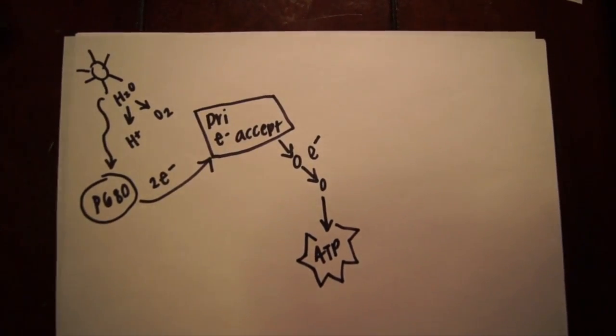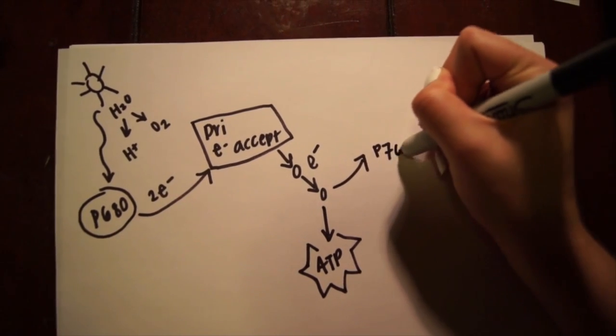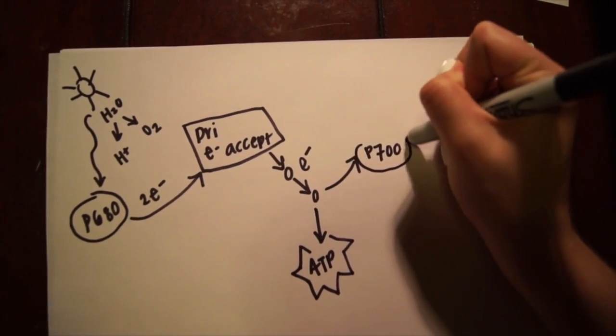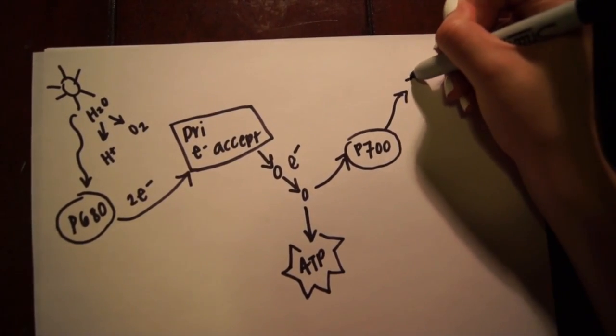Electron acceptors in photosystem 1 pass their electrons to NADP+ molecules.